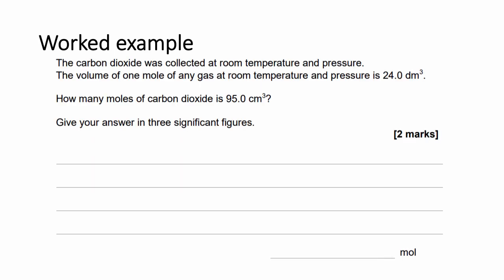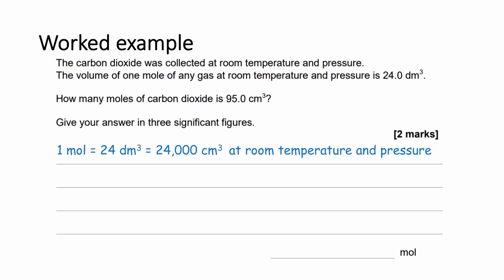The question says carbon dioxide was collected at room temperature and pressure. The volume of 1 mole of a gas at room temperature and pressure is 24 dm cubed. How many moles of carbon dioxide is 95 centimetres cubed? And it asks us to give our answer to 3 significant figures. So remember, 1 mole equals 24 decimetres cubed, and we also know the relationship between decimetres cubed and centimetres cubed is that 1 dm cubed equals 1,000 centimetres cubed.